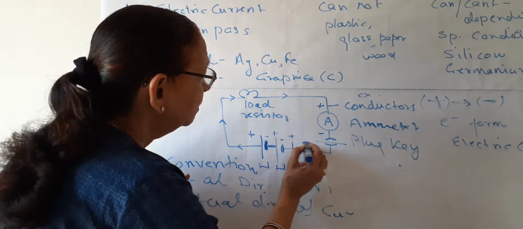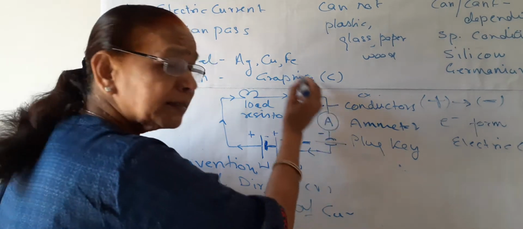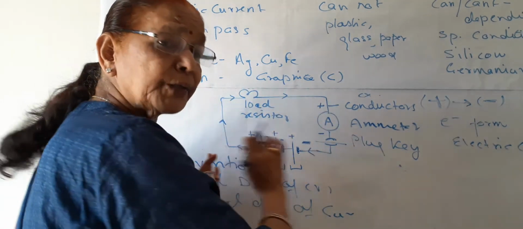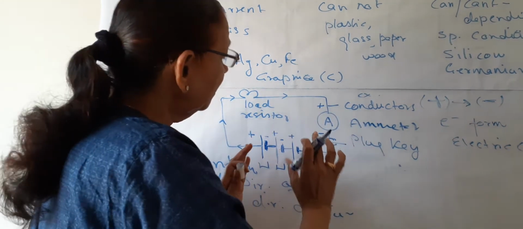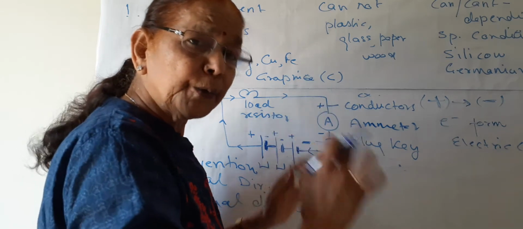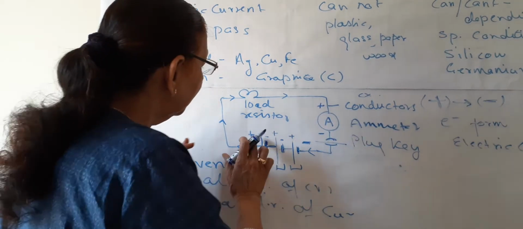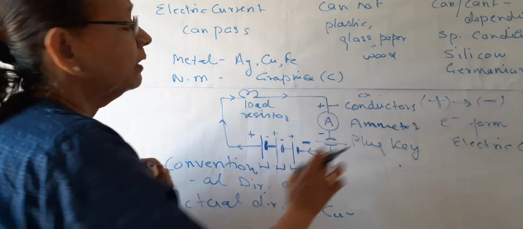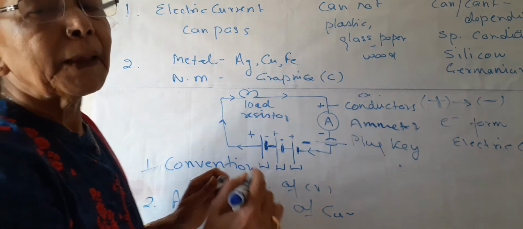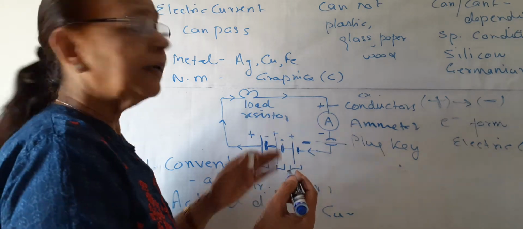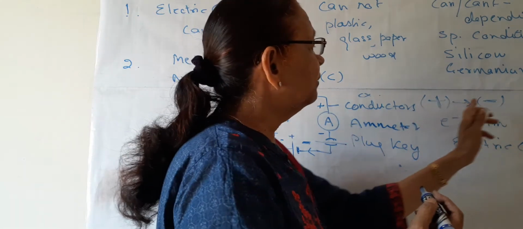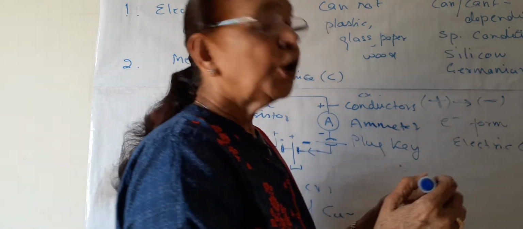So these electrons should flow from this side and should come on this side. So this should be the actual direction of current, but still today we are taking this conventional direction of the current in our numericals, in all our data. We are taking the conventional current from positive to negative as true.